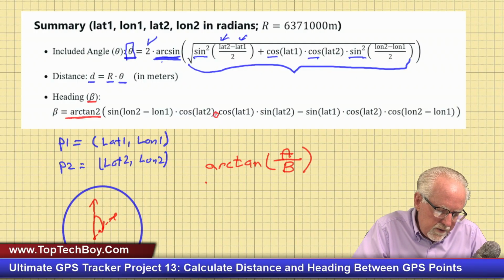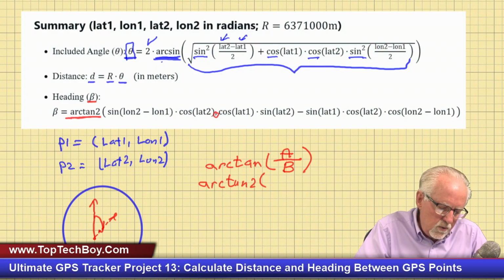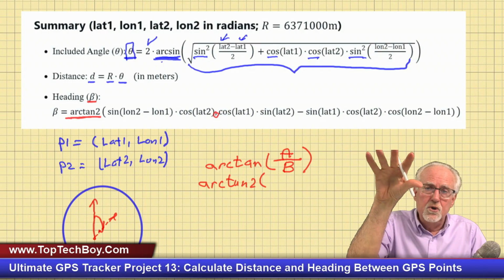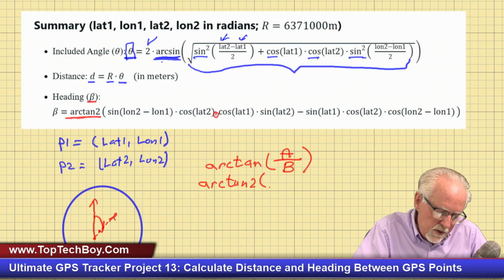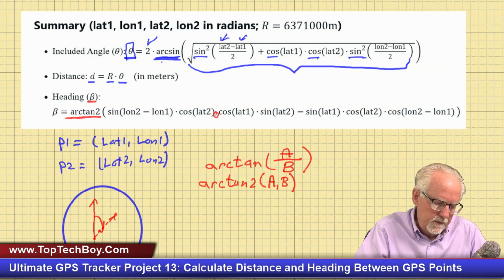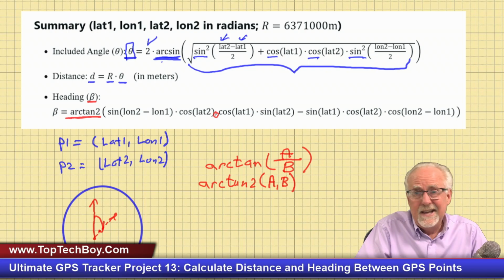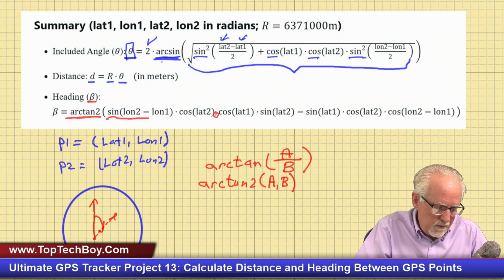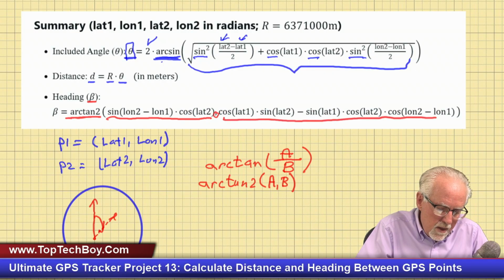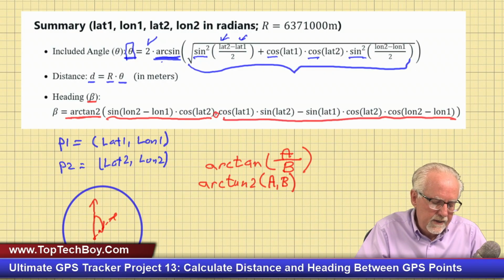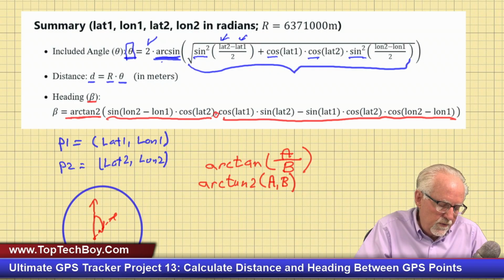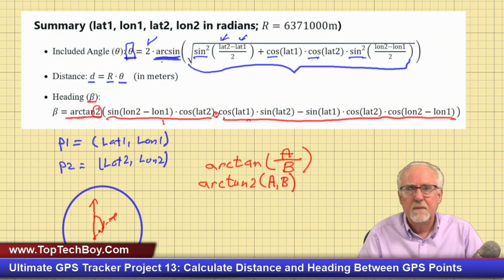Well, in MicroPython arctan2, instead of a numerator divided by a denominator, you write the numerator, comma, the denominator. Normally how you think of tangent, it would be this divided by this, but the better way to calculate it would be to do this, comma this, and use the arctan2 in MicroPython.